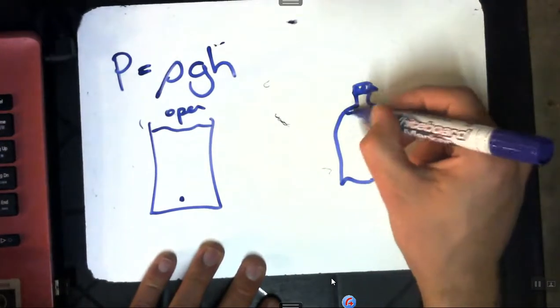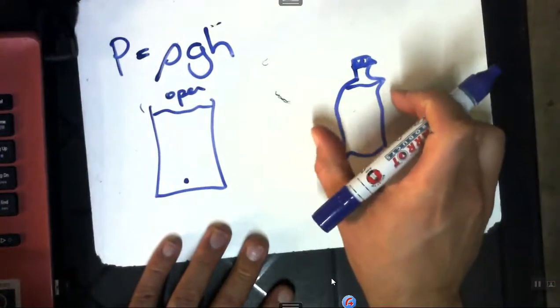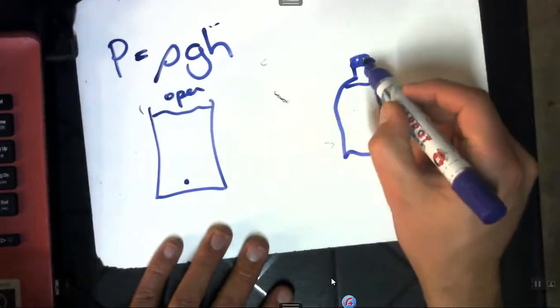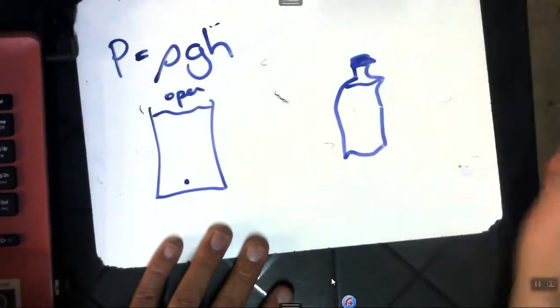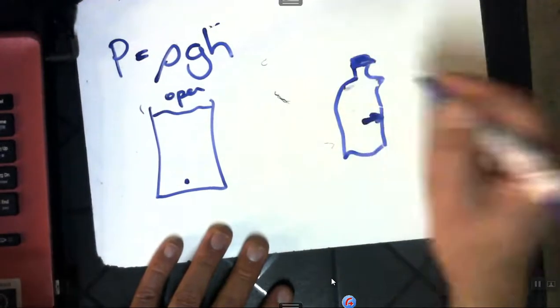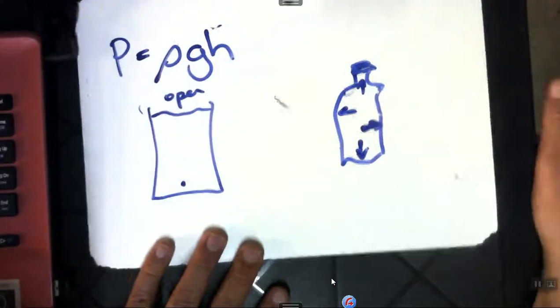Okay, it doesn't even have to be full. The fact is that this is incompressible. Because it is incompressible and nothing can escape if the system is closed, in this case it's all liquid, I have the same amount of pressure in all directions.